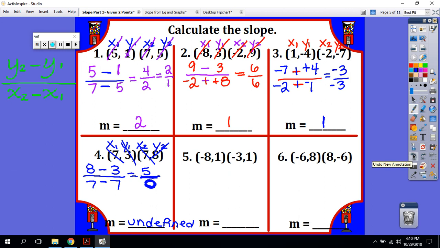Okay, let's do another one. This is x1. This is y1. This is x2. This is y2. Go ahead and try this one by yourself. Everyone's working this one?